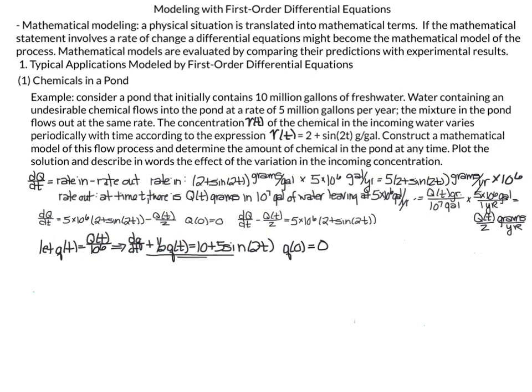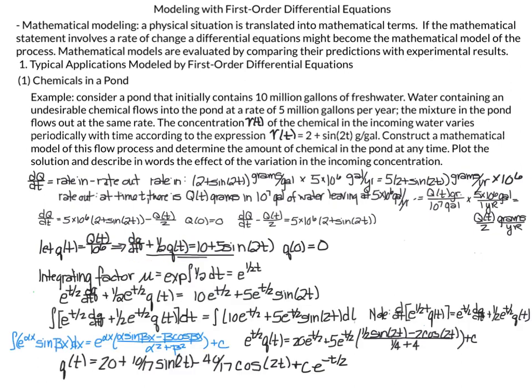Again, this is a lot like the first example, the mixing example, so we suspect you're going to use the same sort of approach. Again, don't let the sine of 2t throw you off. We're only concerned about y, or in other words, the variable that also changes with time. We're only concerned about q.